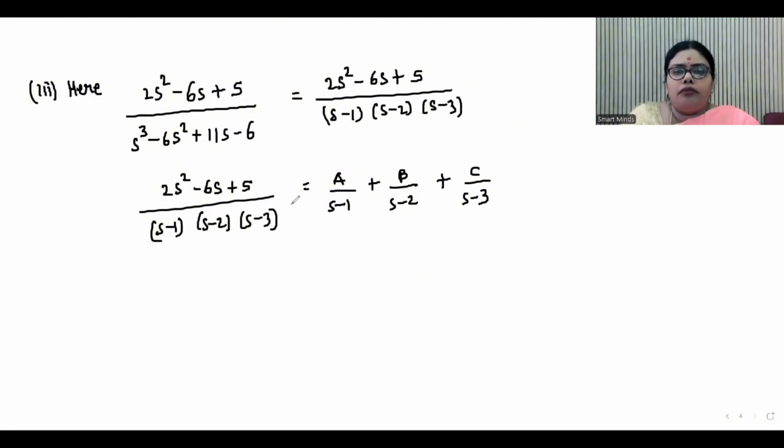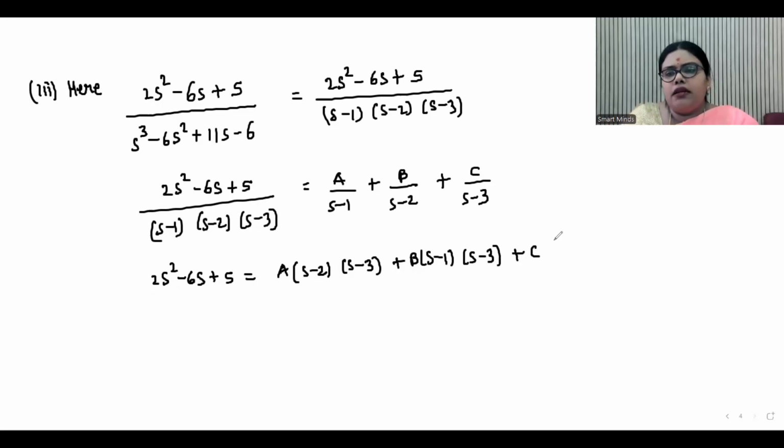Now to find the A, B, C values using the partial fractions method, we take the LCM first and cancel the denominators. So 2s^2 minus 6s plus 5 is equal to A into (s minus 2)(s minus 3) plus B into (s minus 1)(s minus 3) plus C into (s minus 1)(s minus 2).